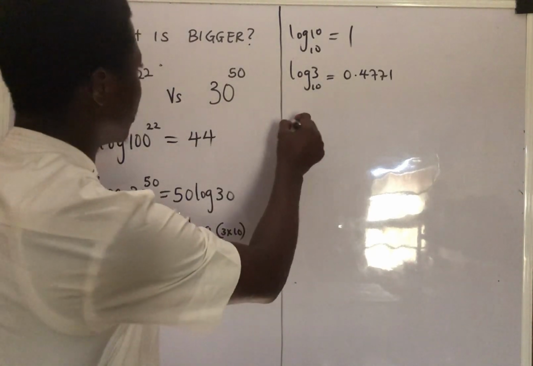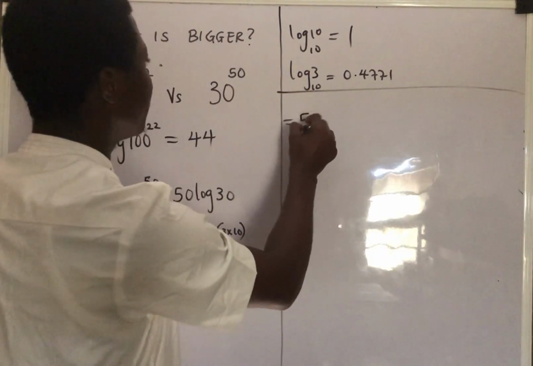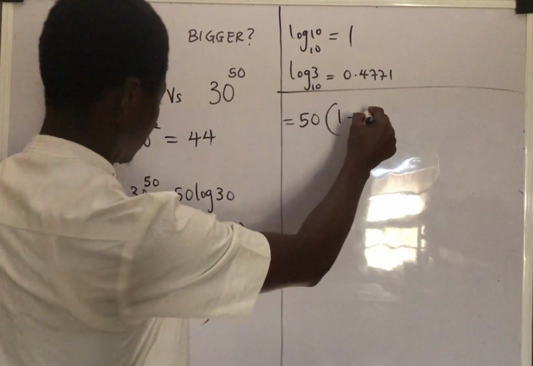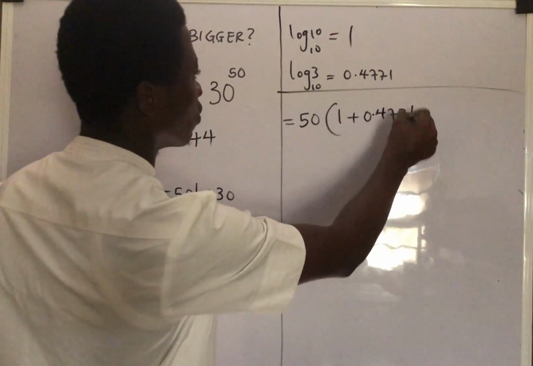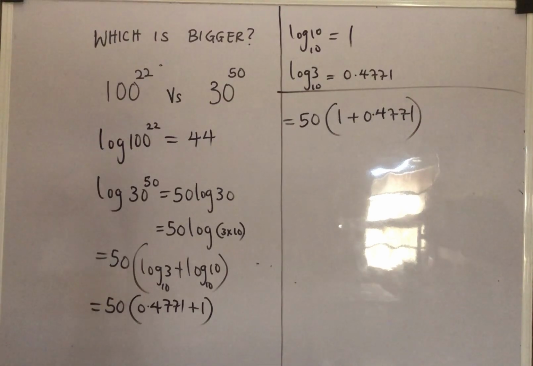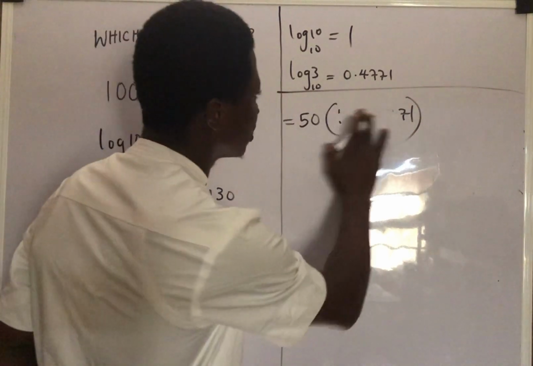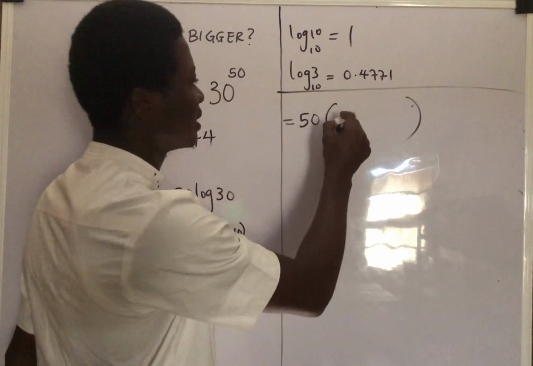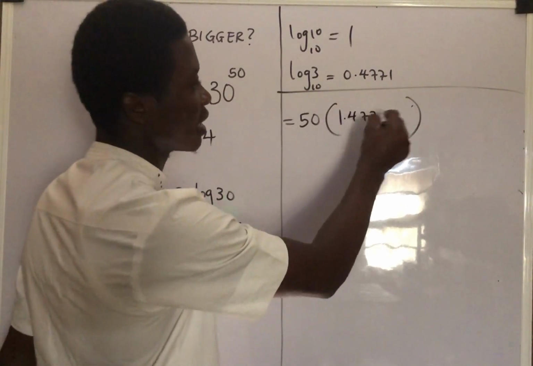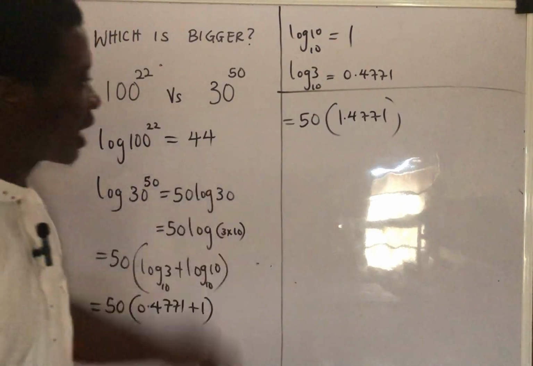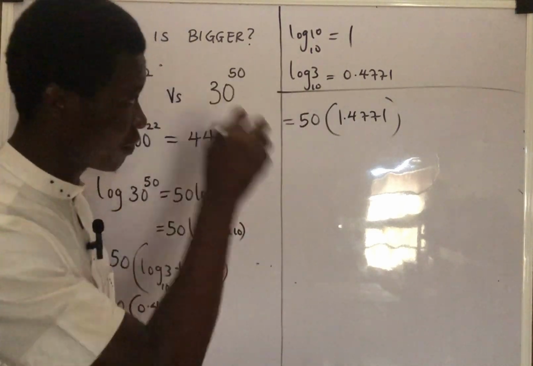So in that case, we'll have 50 into 1 plus 0.4771. By the time we add this, we should get 1.4771 exactly. So now let's multiply 50 by 1.4771.